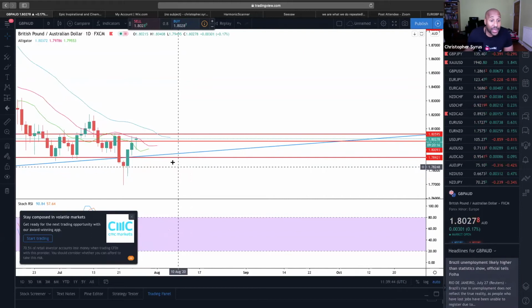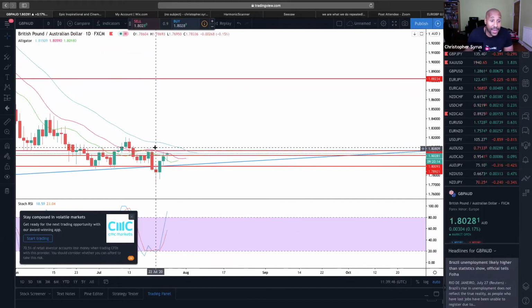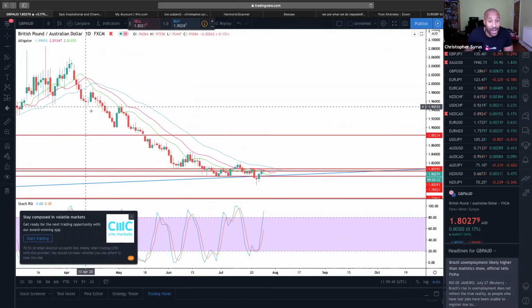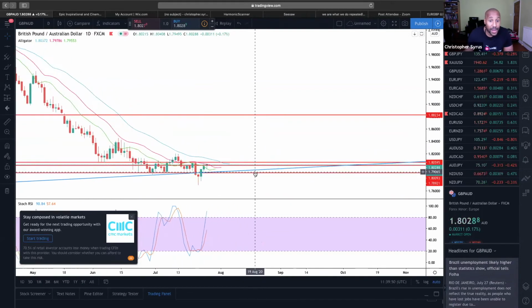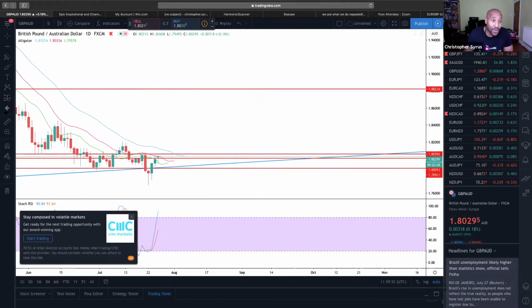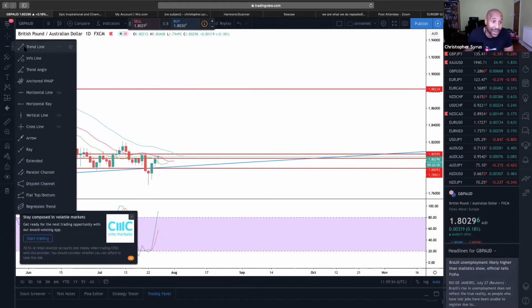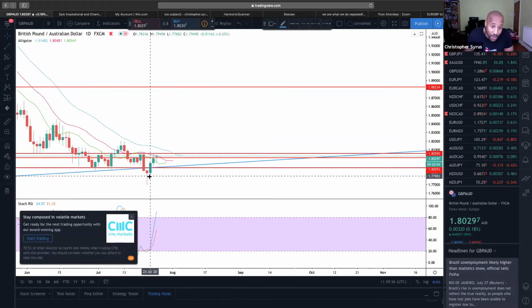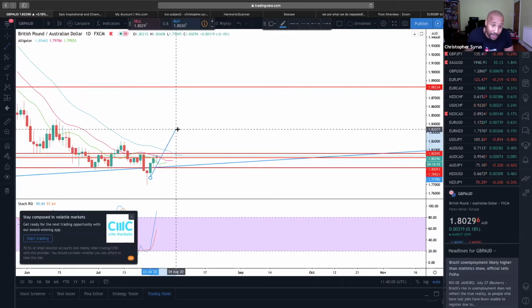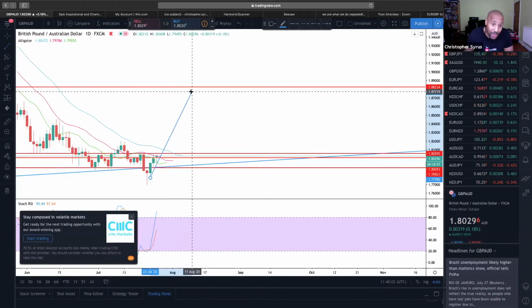I really am looking to buy, and considering how far it's come down and what it's doing now, we can potentially draw a trend line on a daily chart that looks like this. If it stays going like it's going, something like that. But we'll have a little closer look.